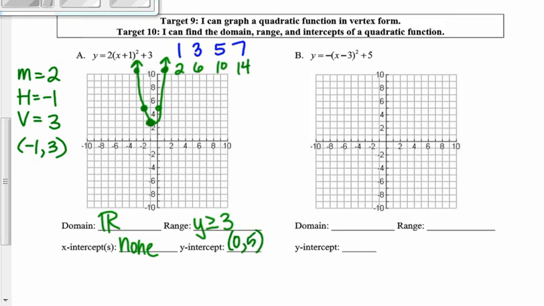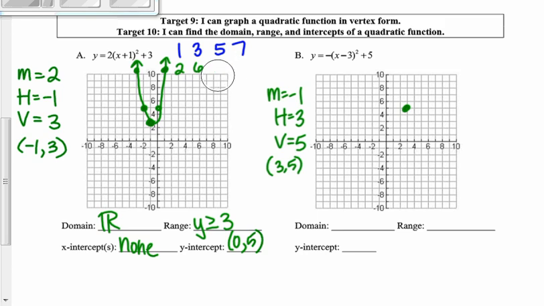So same idea over here on B, just new numbers. So m is -1, h is +3, and v is +5. So our vertex is at 3, 5. All right, so in this case, m is -1.